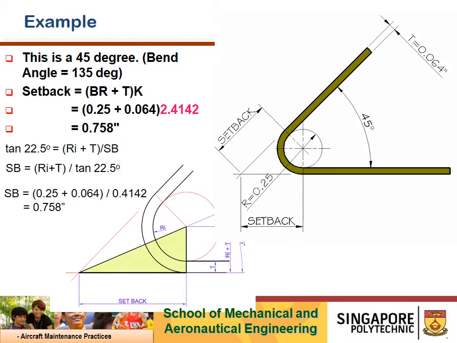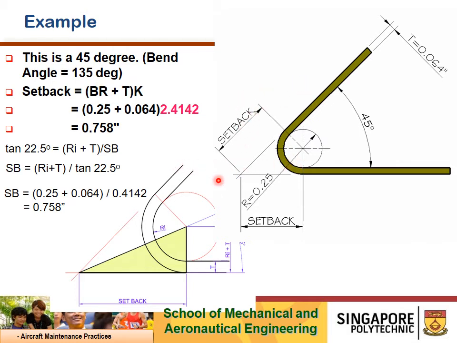Okay, this is another example for us to better understand the calculation of setback using the chart or without the chart. In this case, the angle of bend is 45, so the bend angle is 135. That means you want a bend angle of 135.